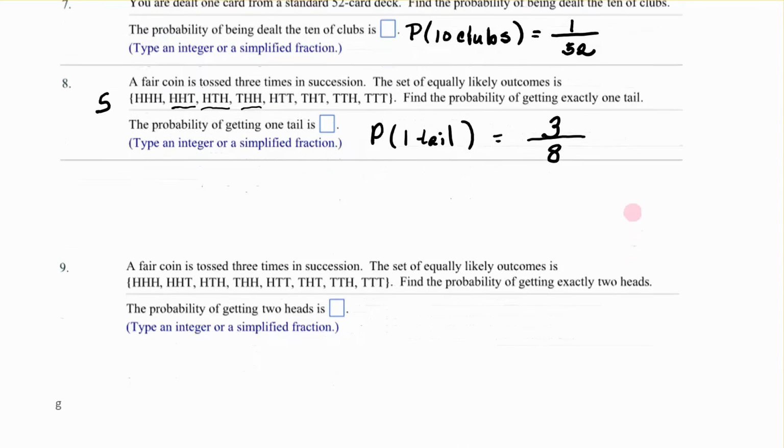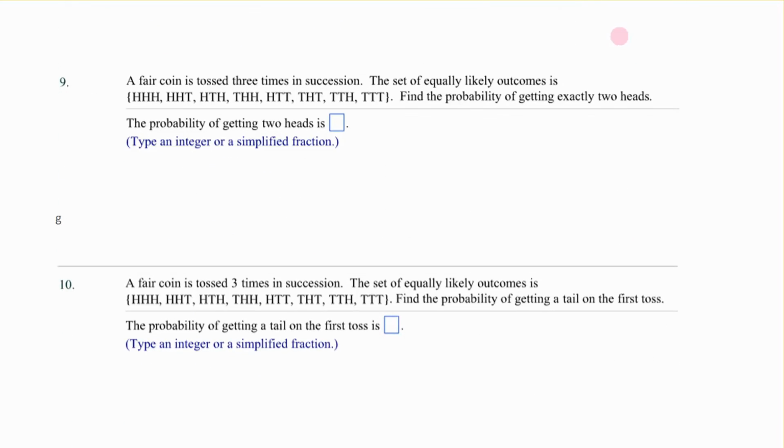Okay, let's look at number 9. It says, once again, a fair coin is tossed 3 times in succession, and the set of equally likely outcomes, the sample space, is right here. Find the probability of getting exactly 2 heads. Okay, probability 2 heads.